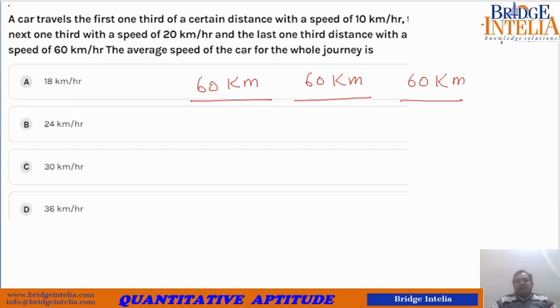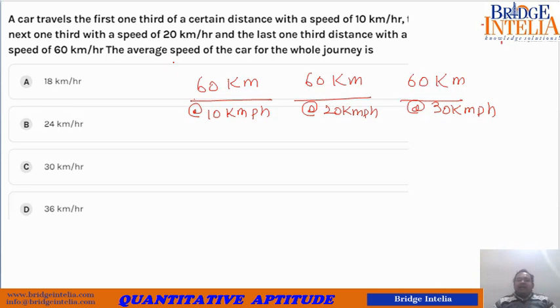So what is this guy doing? He travels the first 1/3 at a speed of 10 kilometers per hour. That's why I have kept it equal, 60, 60, 60. This portion he is traveling at the rate of 10 kmph, this one at the rate of 20 kmph, and this one at the rate of 60 kmph.